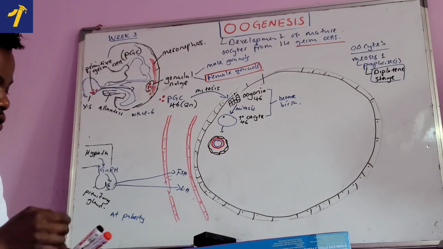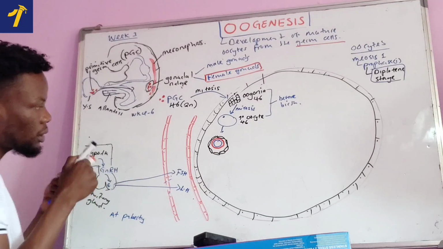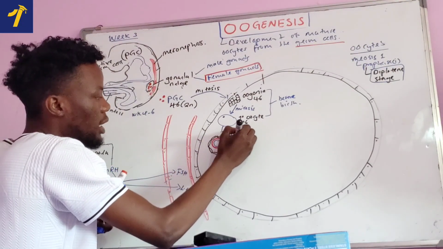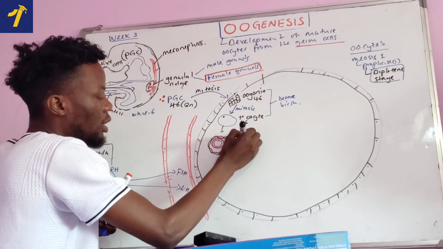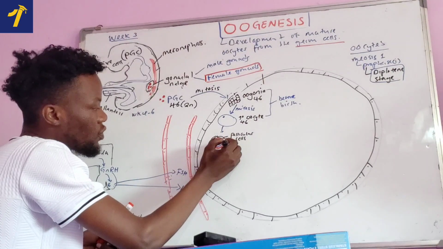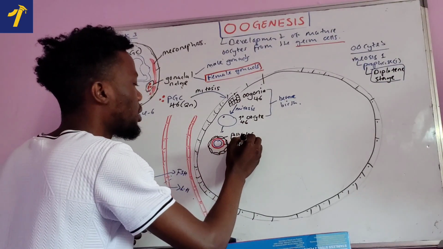Now, let us try to identify the most important structures. These flat cells, we call them follicular cells. They are very, very flat. And this red structure, we call it zona pellucida.